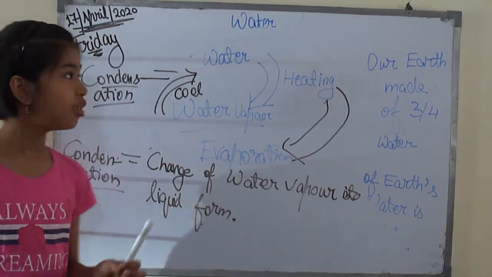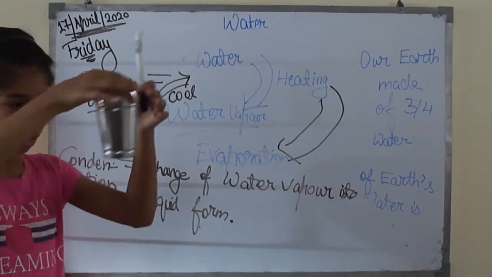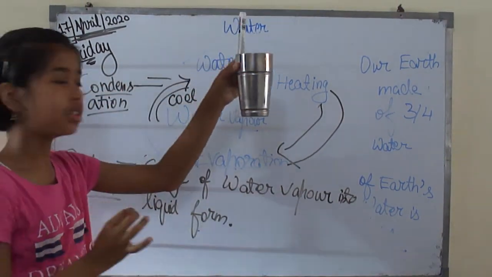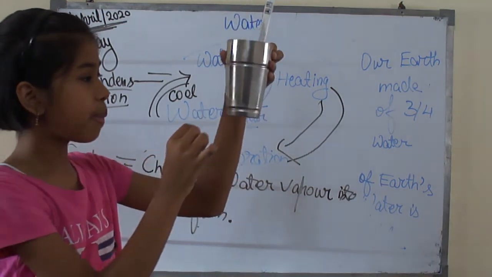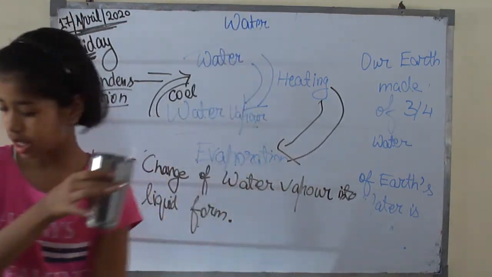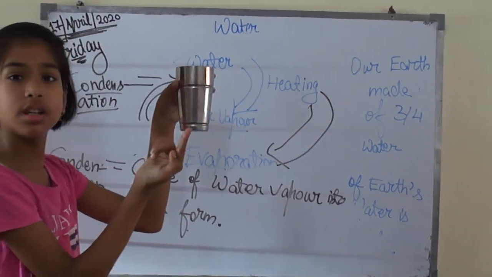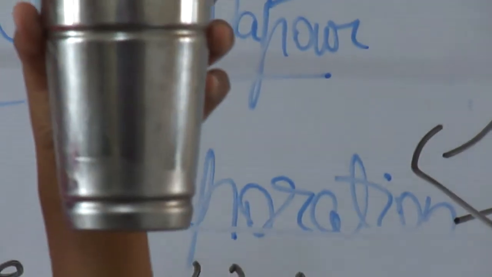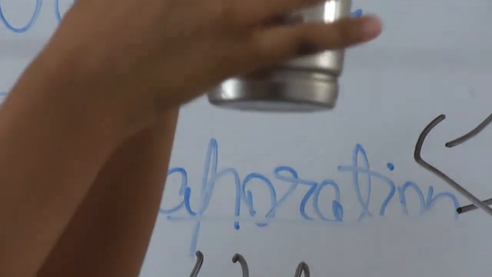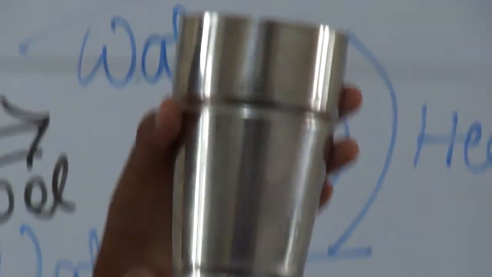So now let's see this glass. You can see that here around this glass there are water droplets. See, these water droplets are so tiny.